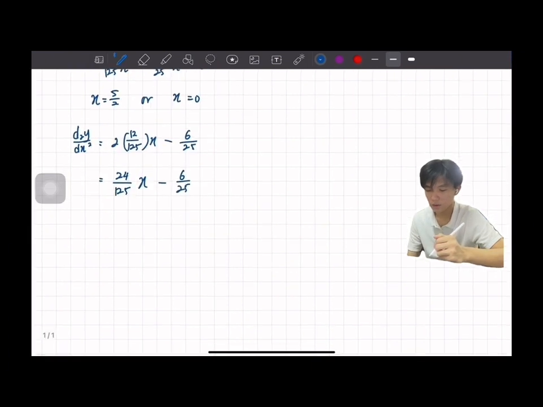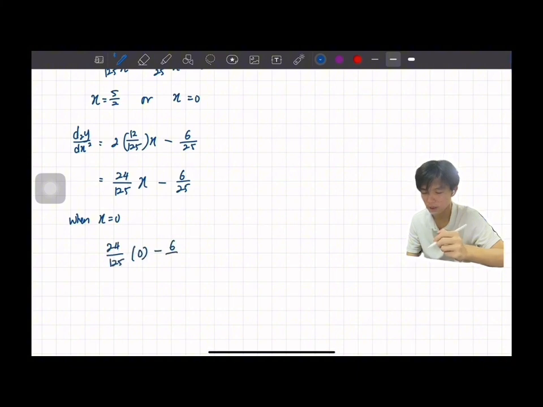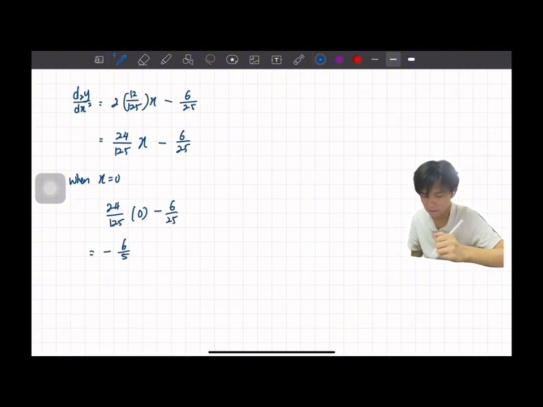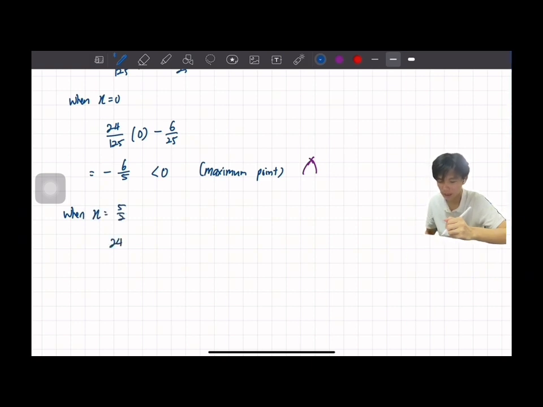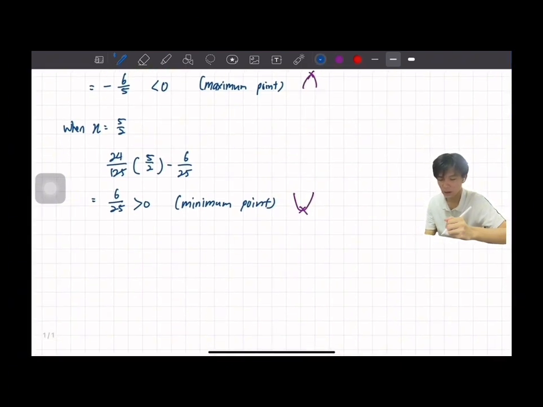So when x equals 0, from the equation just now given, we need to sub into the d2y/dx squared. And we can see that the answer is negative, so it is the maximum point. Now we need to sub in another value. So when x equals 5/2, we can see that it's positive and it's the minimum point. And this is the value that we need to use.